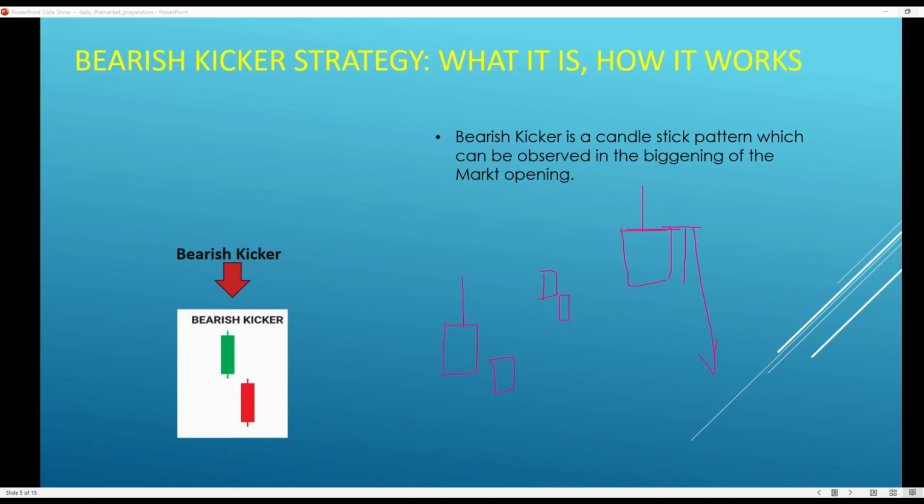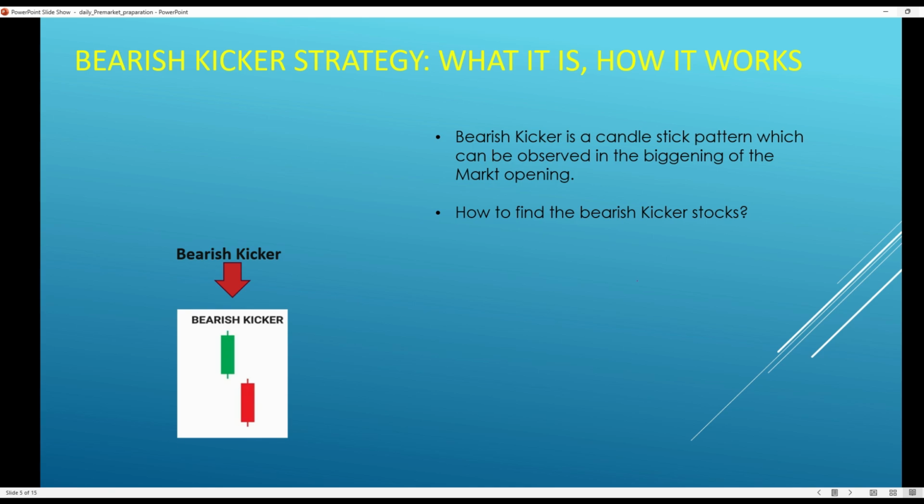This is how the bearish kicker has flavor 1, flavor 2, flavor 3. These are the three flavors we can see in the market, in the beginning opening candles, actually the opening two candles.